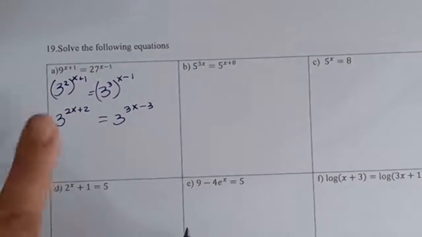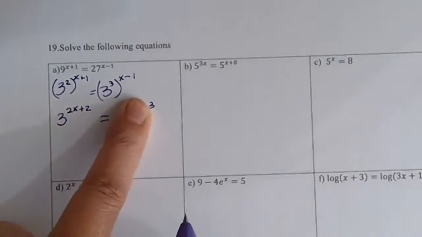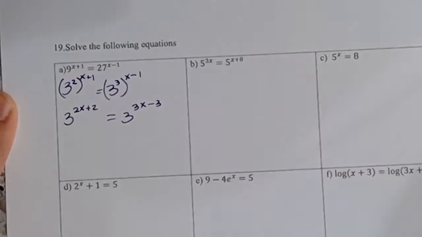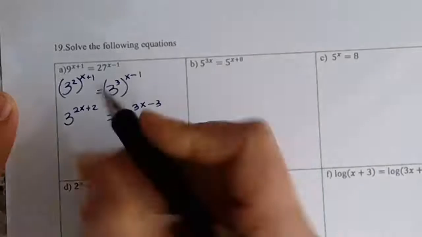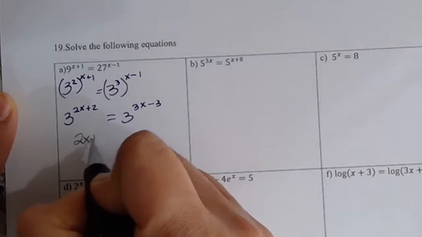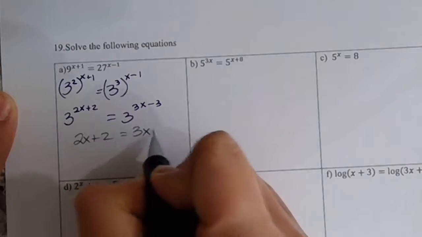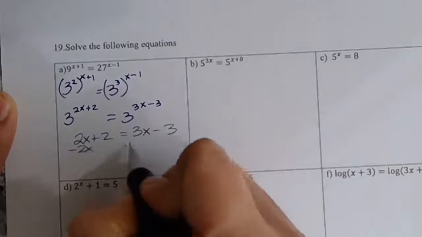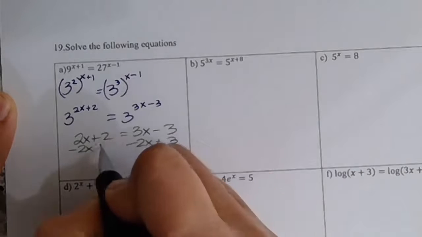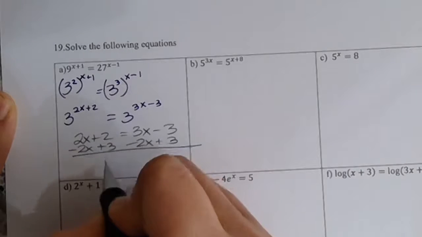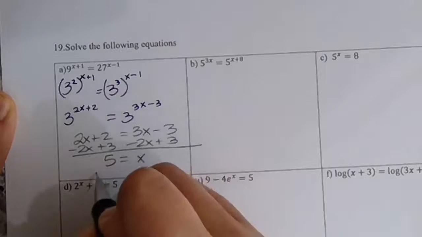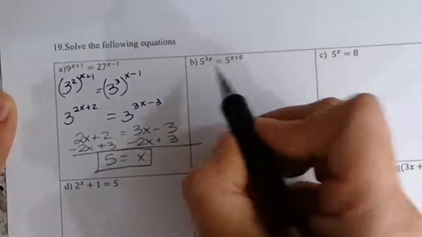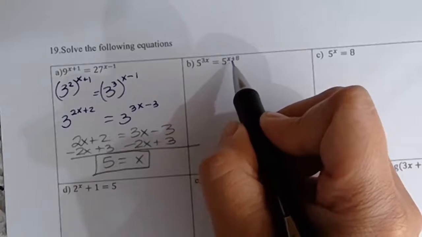Distributive property. If you have 3 to this power and 3 to this power, then you know that these powers are equal. From here, you just do your math and solve, and you could plug it back in and check. 5 to this power is equal to 5 to this power.